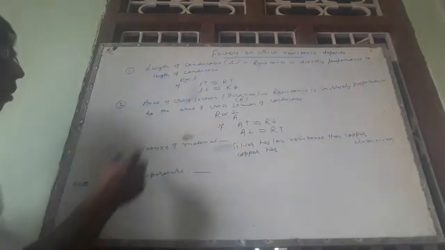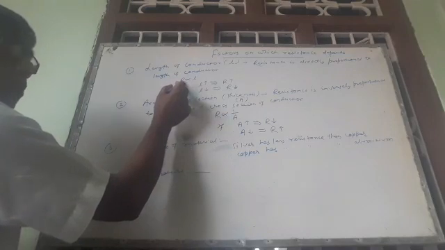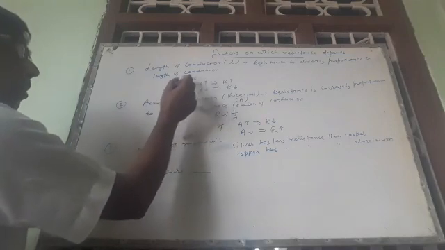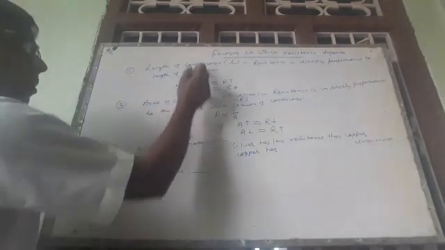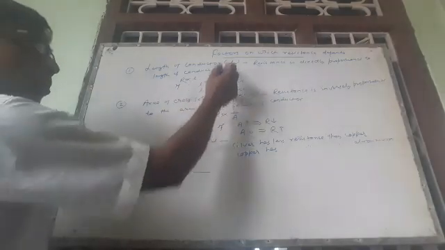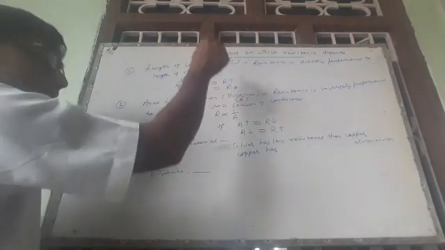In mathematical form, R varies as L. R is for resistance, L is the length of conductor, so resistance is directly proportional to L. This means if L is increased, resistance will also increase. If length L is decreased, the resistance is also decreased.